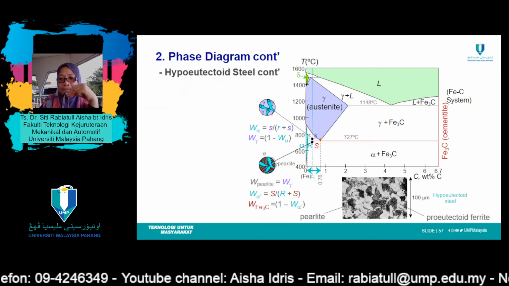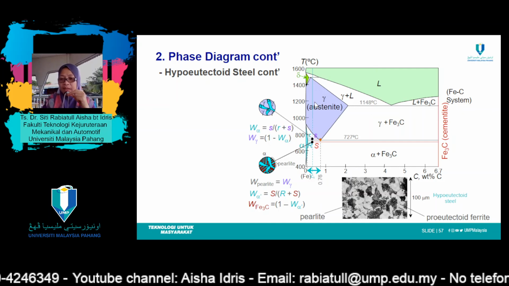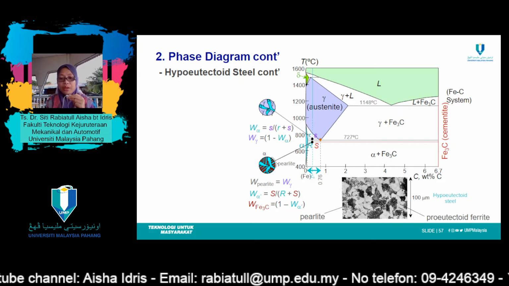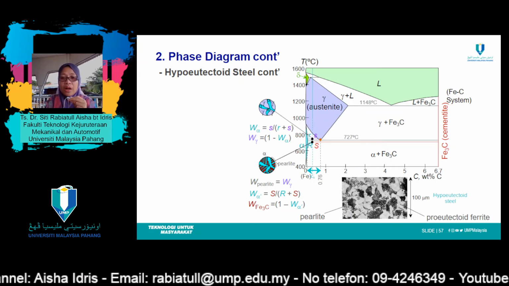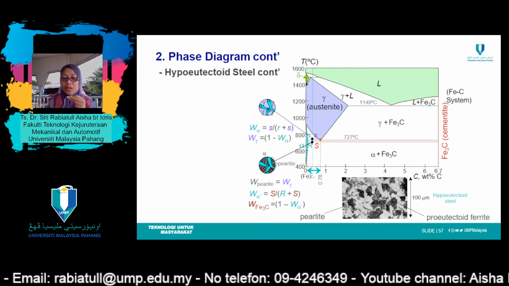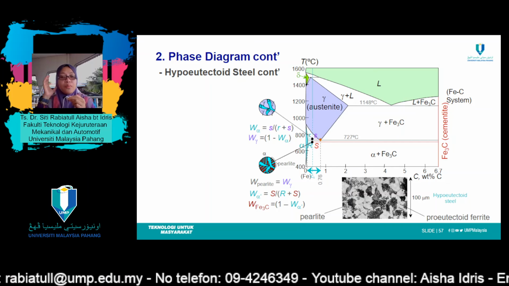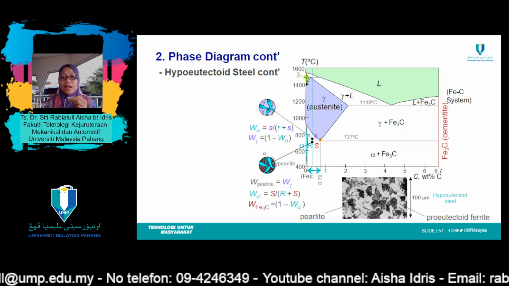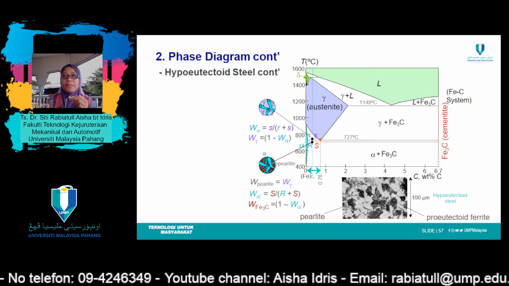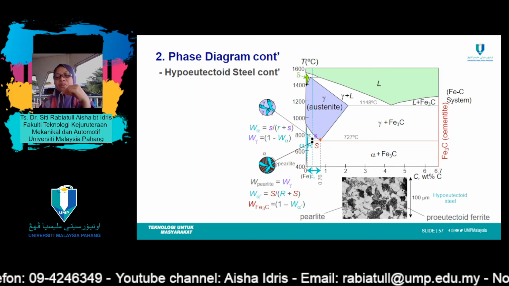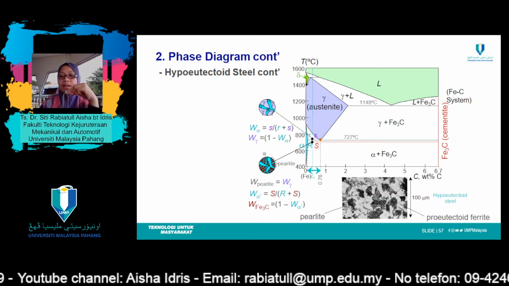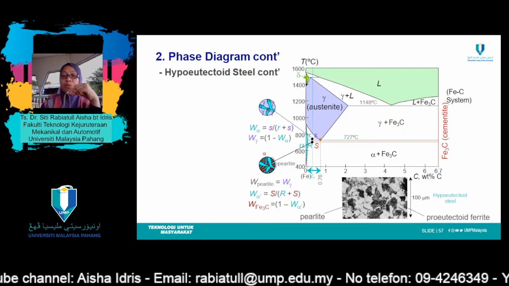Again, using this phase diagram, you can calculate the percentage of alpha, gamma, and cementite that exist using the lever rule just now, with the formula like S over R plus S or R divided by R plus S. If you notice over here, we are referring to the ratio, which means that it needs to equal 100% or 1.